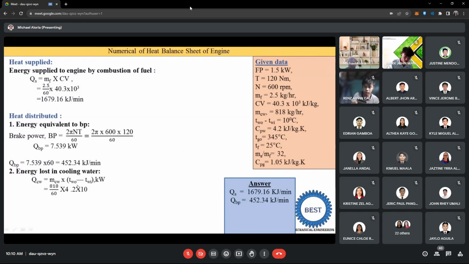What is the specific heat of water? It is given as 4.2. Suppose in some example it is not given, then we consider 4.187. The change in temperature is given as 10 degrees centigrade. Here we do not need to convert to Kelvin because it is a difference, so the answer comes the same.